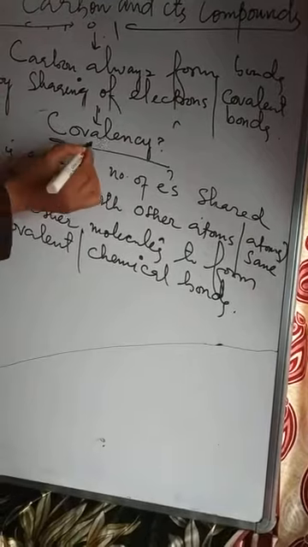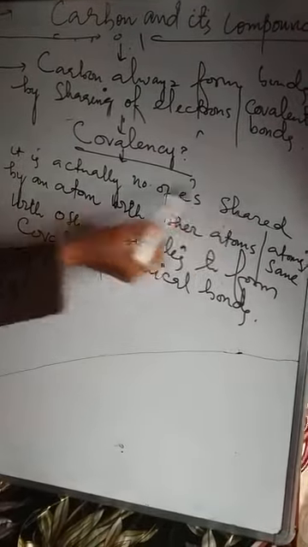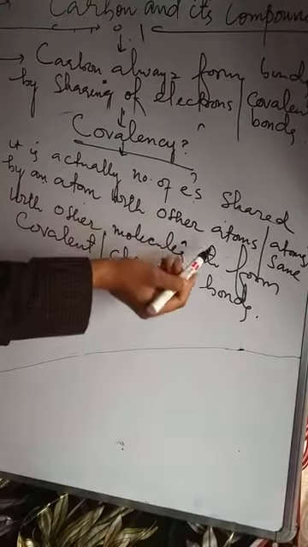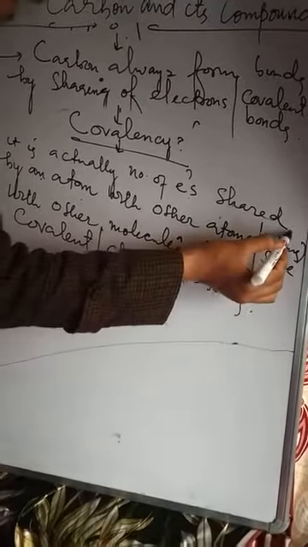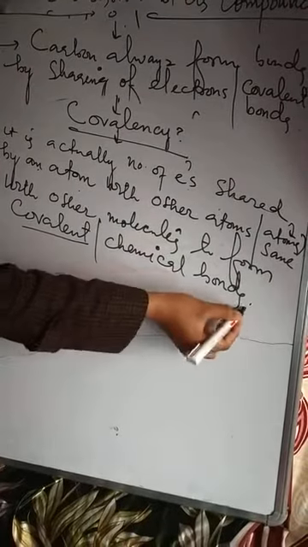Covalency is the number of electrons shared by a particular atom with other atoms, to form covalent or chemical bonds.